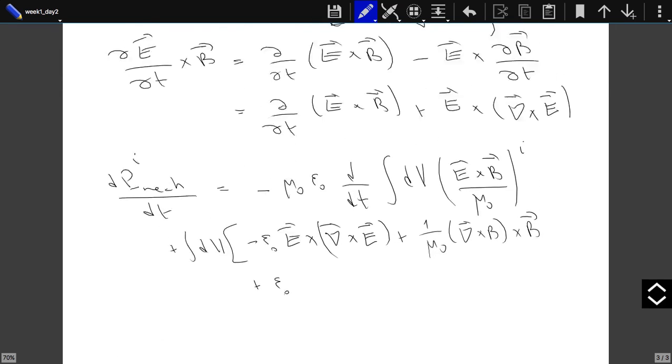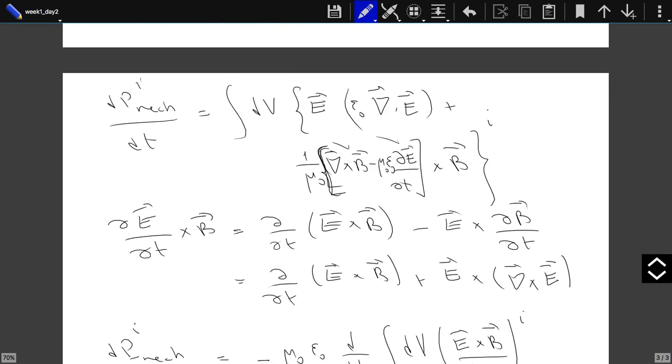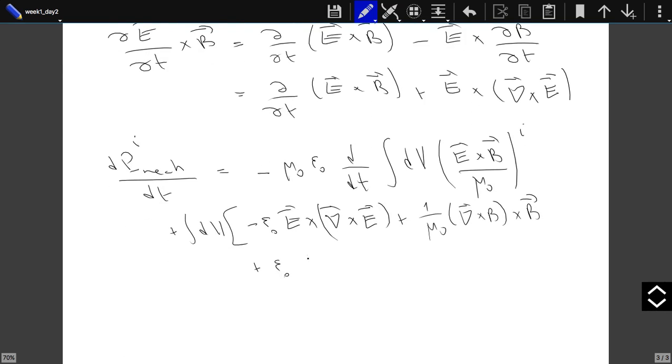Plus epsilon 0 E times the divergence of E. I will take the I component of this thing. Well, you see, the first line is quite symmetrical, but in the second line we have a term that contains the electric field, but we don't have the term that contains the magnetic field.